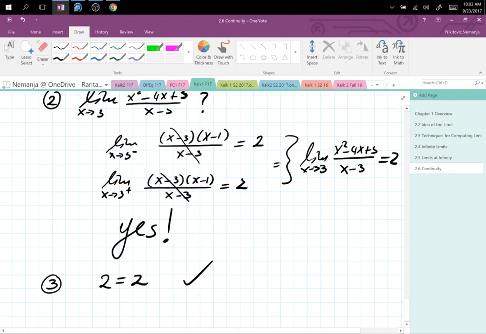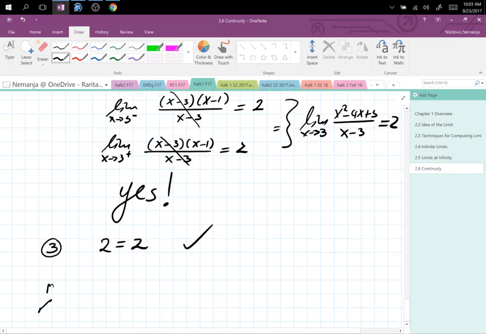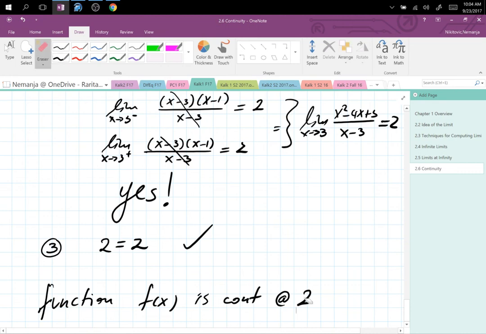Nice. Function f of x, I don't want to write the whole thing again, is continuous at x equals 3 as input.